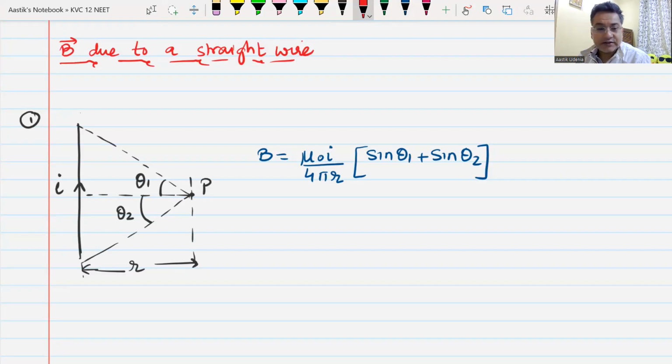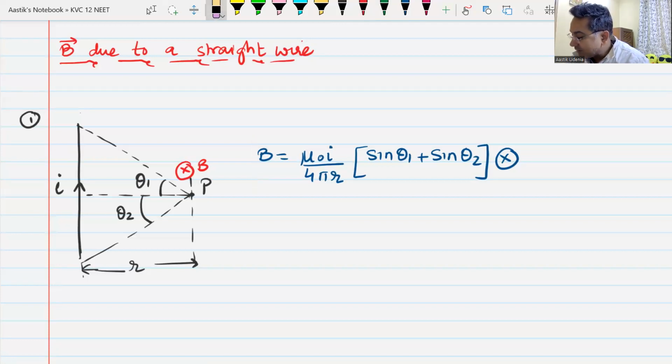It will be going inside. So the direction is into the board, which is given by this cross.